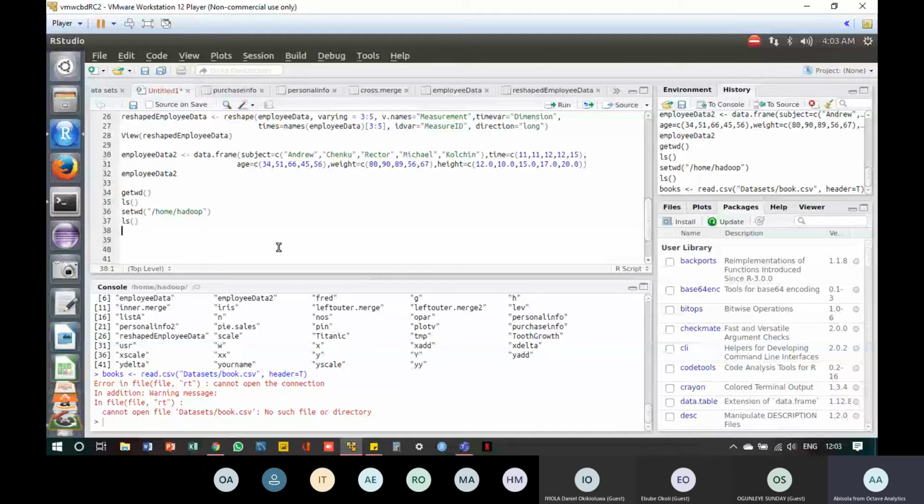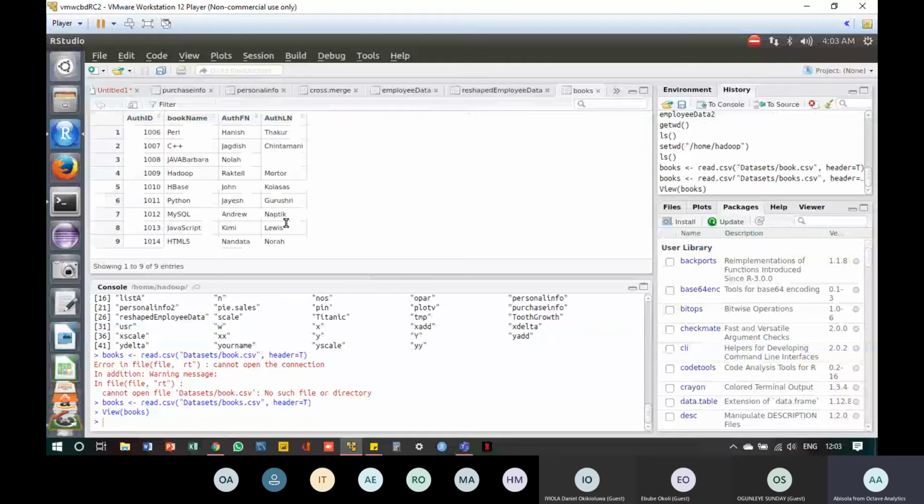Okay, books, CSV, and header is true. So yeah. So let's view books. Yeah, so this is our books data. These are our books data, book name, this and this.